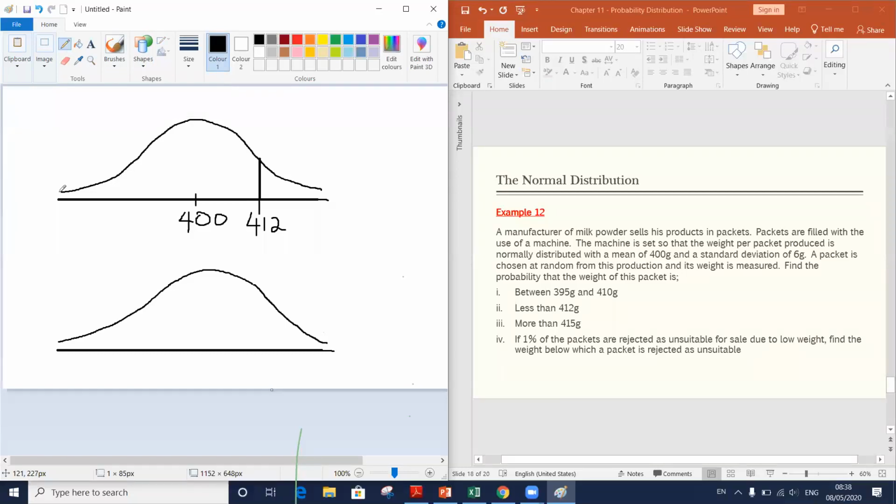Should the shaded part be the right hand side or the left hand side? Does less than 412 correspond to this area or this area? If I use a different color here, less than 412 grams is represented by this red colored portion.